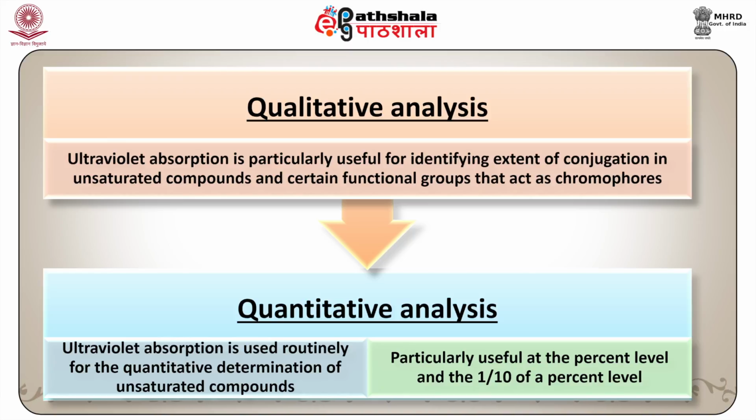Qualitative analysis. Ultraviolet absorption is particularly useful for identifying functional groups and the structures of molecules containing unsaturated bonds. Next is quantitative analysis. Ultraviolet absorption is used routinely for the quantitative determination of unsaturated compounds.